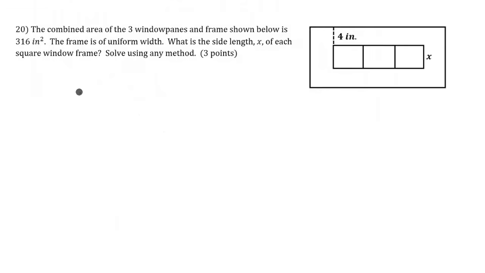Now on to question number 20, and this is actually, I think, one of the more challenging problems of this set of 5. We have a frame here, the framed area in orange, and then we have some windows. This is the first window, another window, and another window right here, and we need to figure out the value of x.